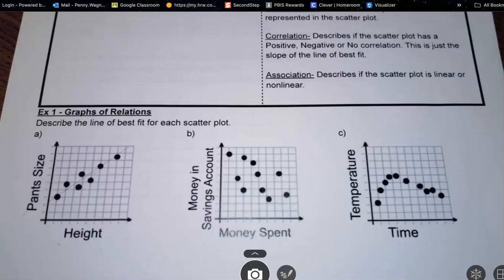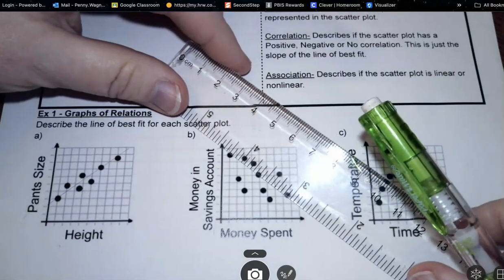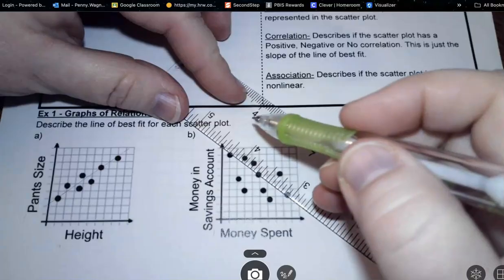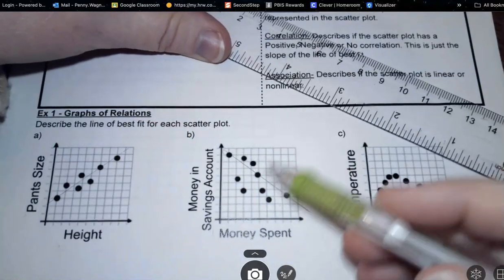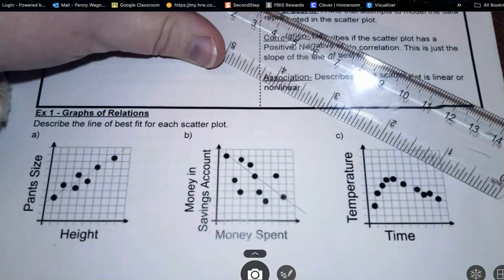This is not a strong correlation. It's kind of a loose fit. And this definitely would not be considered linear, because if I were to draw a line through that, the dots just don't follow closely with that line, so we can't call it linear.